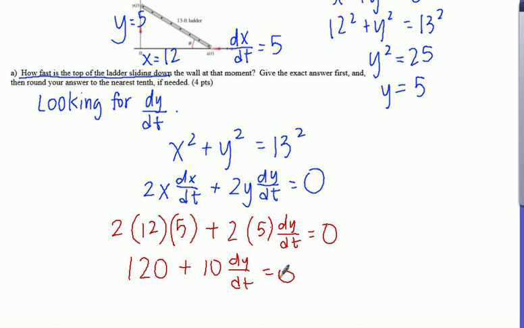Minus 120 from both sides, 10 dy/dt equals negative 120, divided by 10, dy/dt equals negative 10.